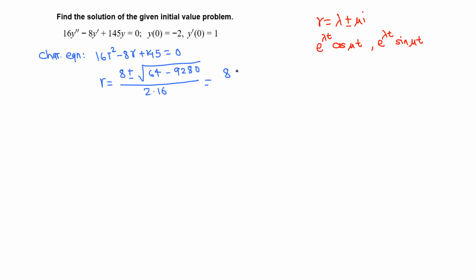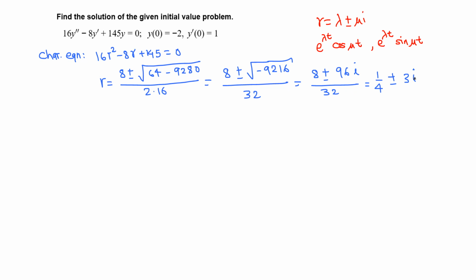This is 8 plus minus square root of 64 minus 9280, that's negative 9216, over 32. Take the square root of this, and the square root of a negative number means something i, and that happens to be 96i, over 32. Separate into two fractions, 8 over 32, that's 1/4, plus minus 96 over 32, that's 3i.